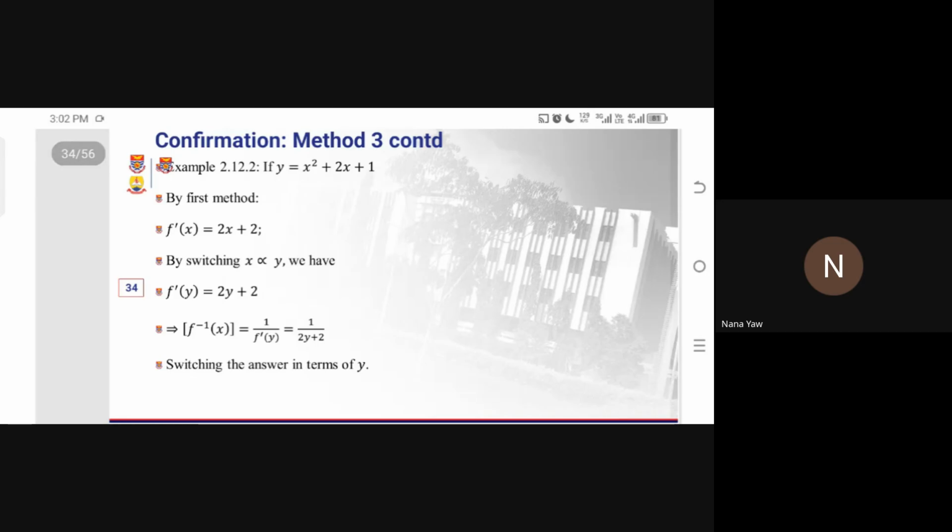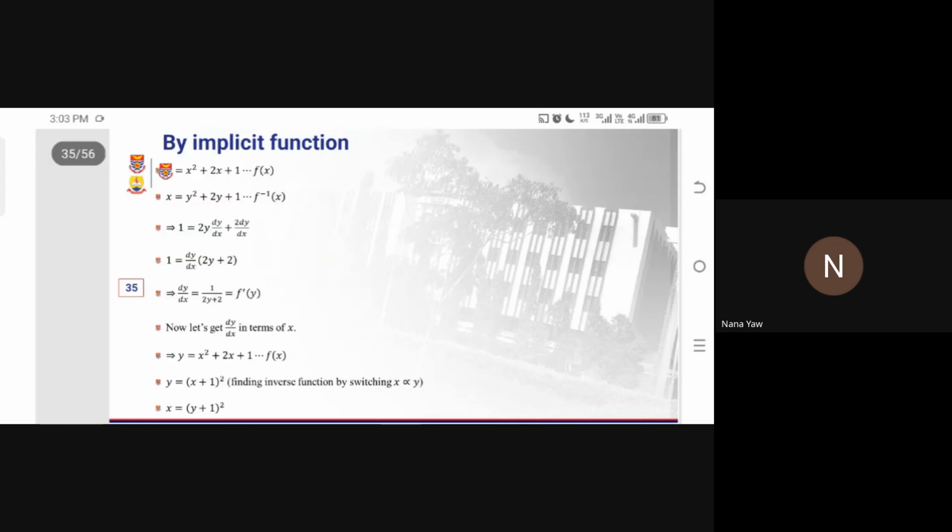And then we have this. When we have y is equal to x squared plus 2x plus 1, we want to differentiate, we are going to get 2x plus 2. So you can decide to do it directly, or you can use the formula to do it. Either way should give you the same results.